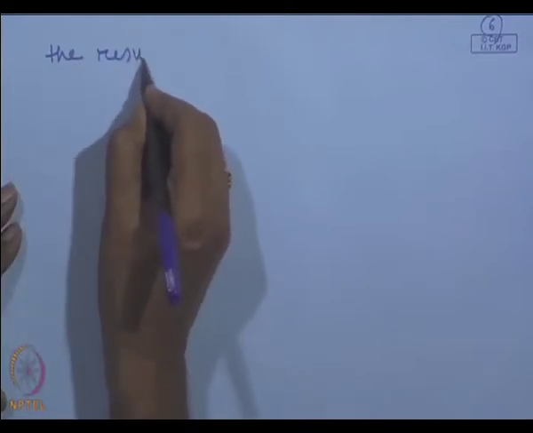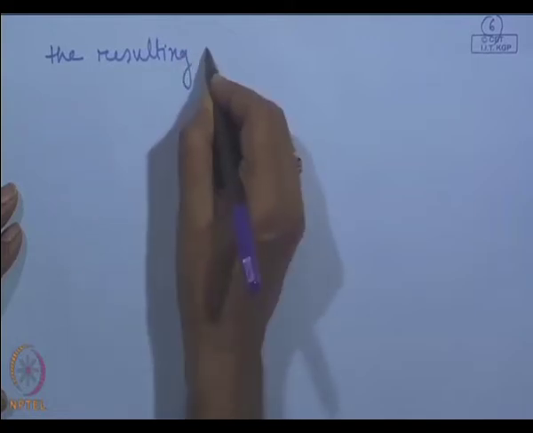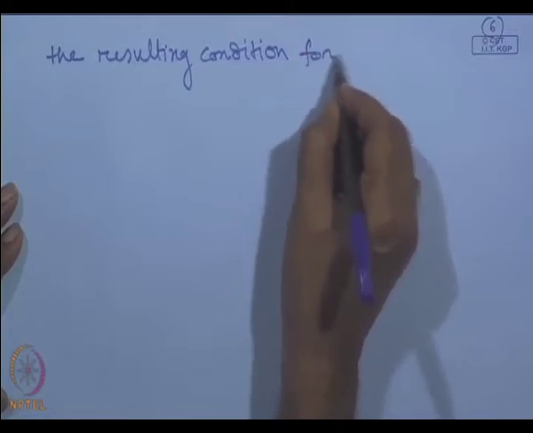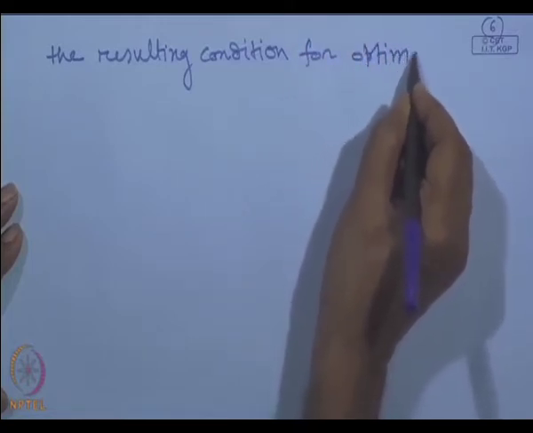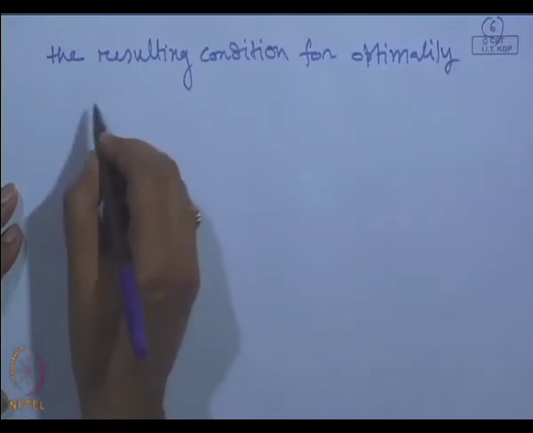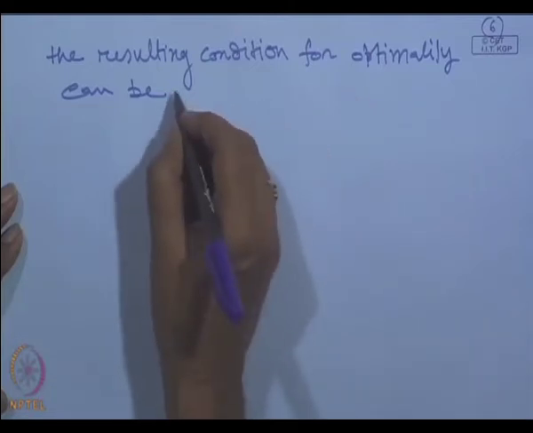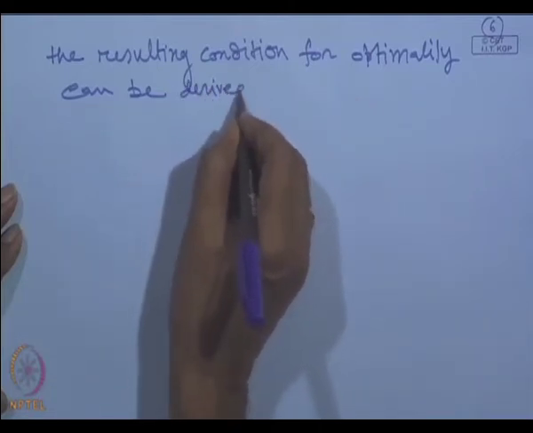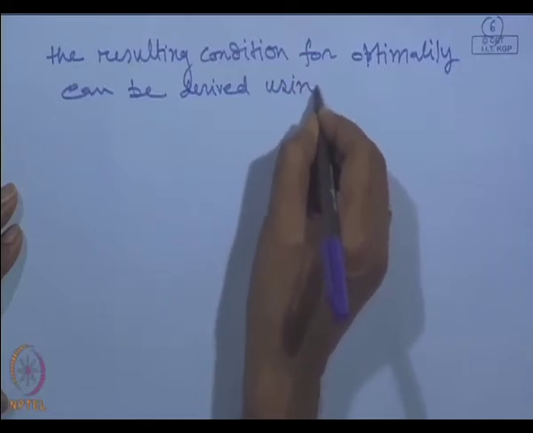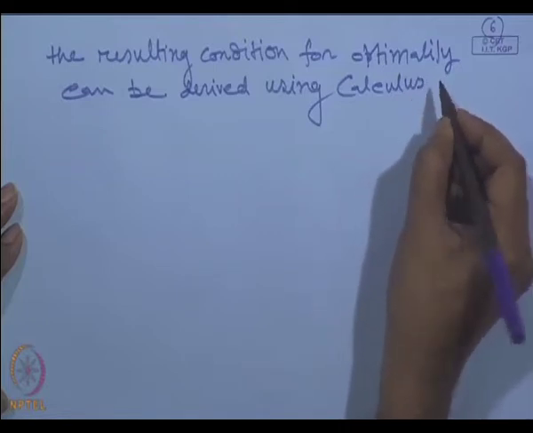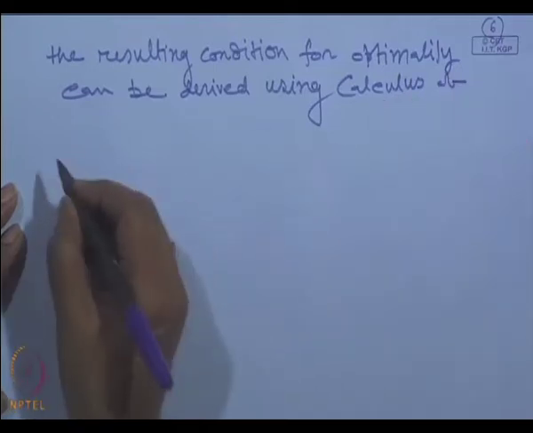Now I can write the resulting conditions for optimality, which can be derived similar to the earlier case using calculus of variations.